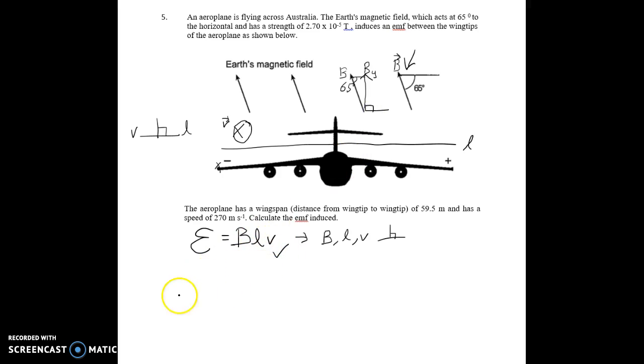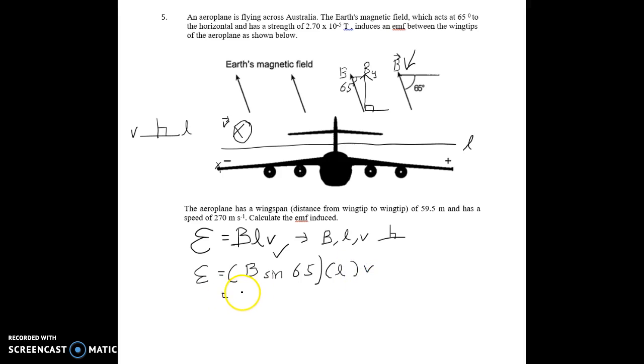So after some elaboration, this equation here you can only use provided that your B is resolved such that it's perpendicular to the L. So to do so, this B, if you want to resolve it, is equivalent to B sine 65. So you want the opposite component. Right now you want this component BY, which is opposite of the angle of 65. That's why it's B sine 65. Then only this component is perpendicular to L, then you can write L and V subsequently.